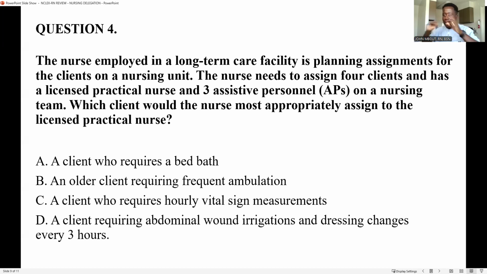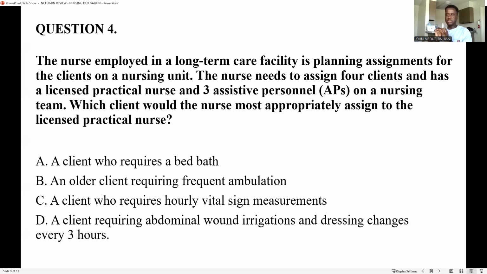And the options: A, let's say initial education. B says an older client requires frequent ambulation. C says first set of vital signs. And D says wound irrigation.